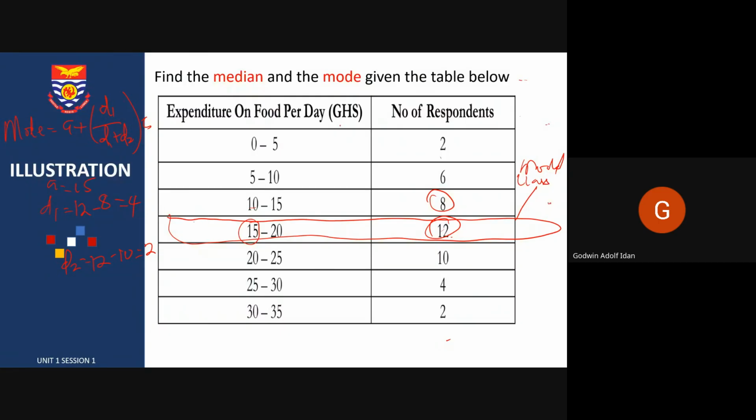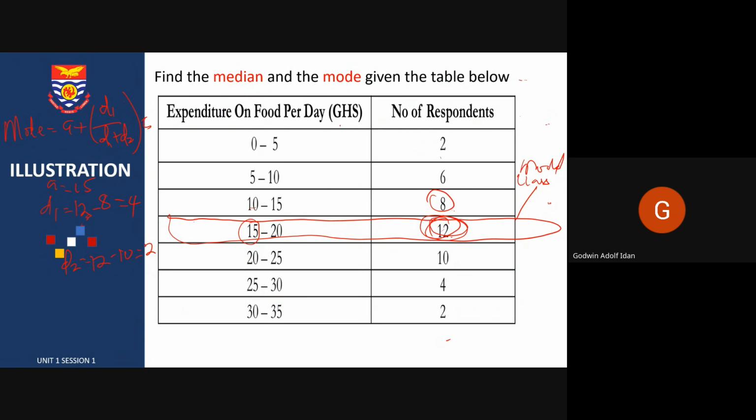And then we also do the D1. D1, by definition, represents the difference between the frequency of the modal class and the frequency above the modal class. So the modal class frequency is 12. The frequency above the modal class is 8. So you do 12 minus 8, and it gives you 4.